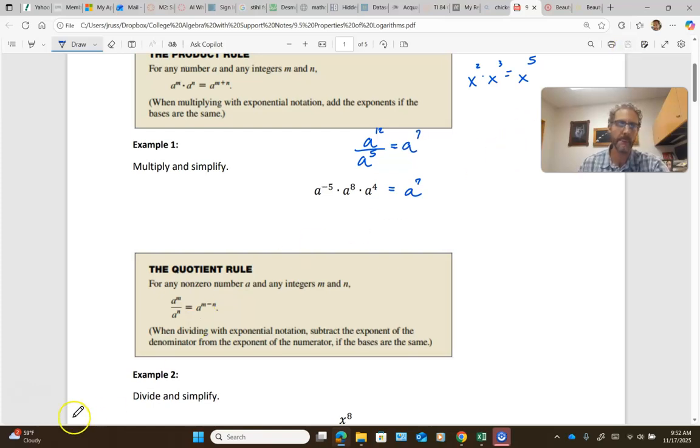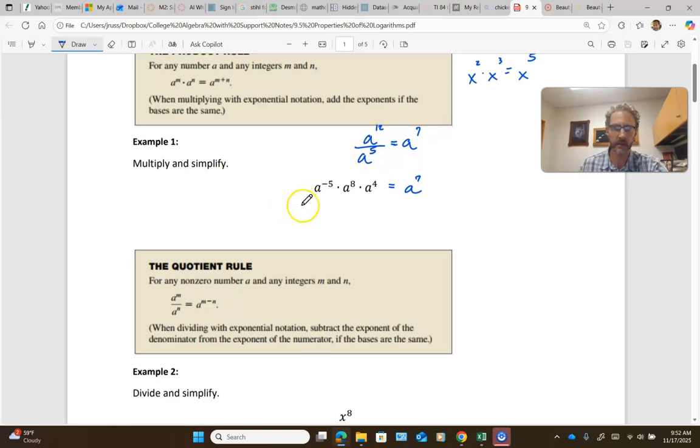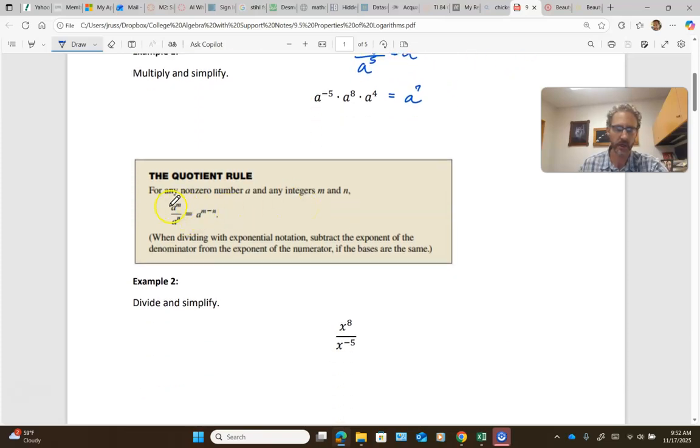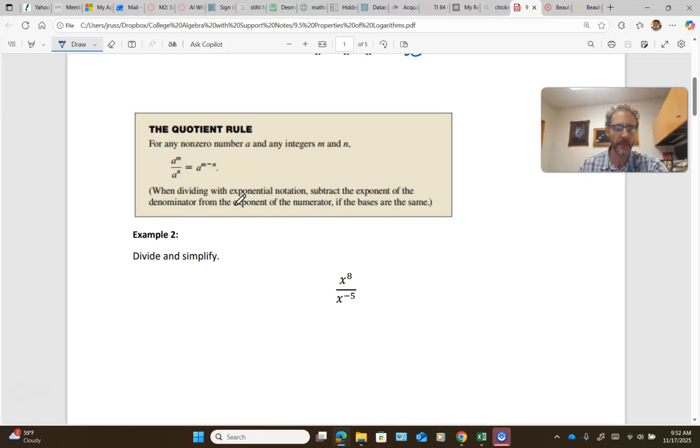That's actually what this next rule says, the quotient rule. It says that if you were dividing two exponential expressions, then you can simply subtract the exponents. Similar to how I did up here, 12 minus 5 is 7. So you subtract the exponents.